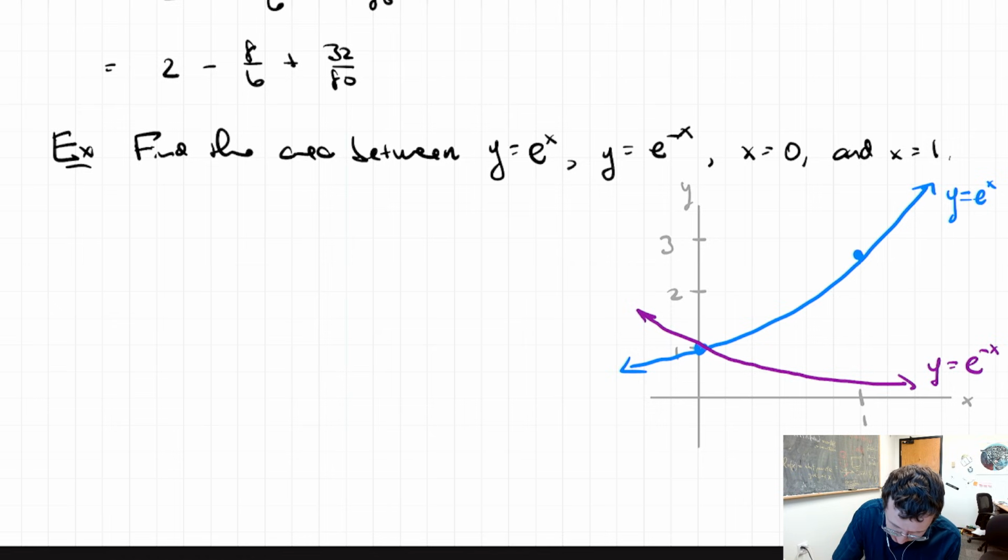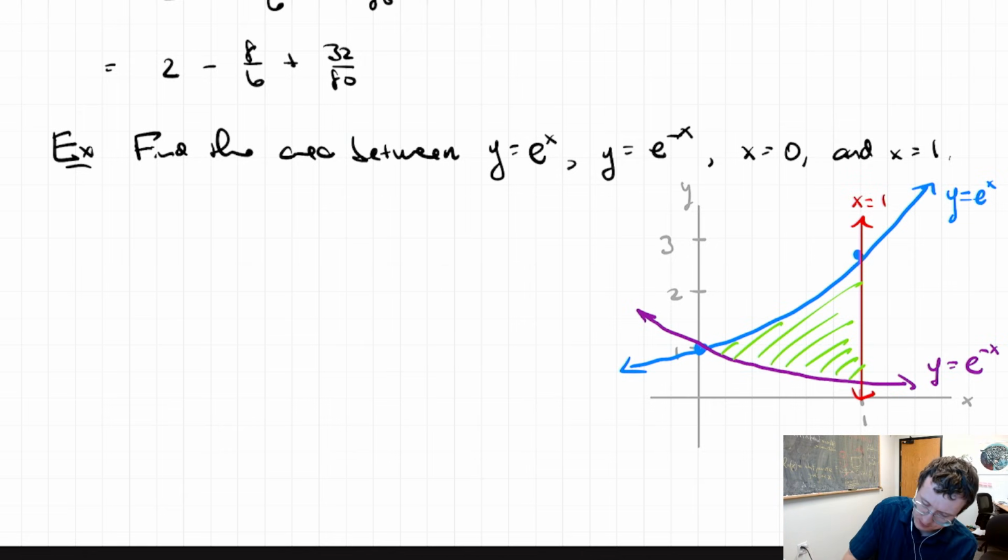And then they also told us to just look at the area between x equals 0 and x equals 1. But this is a pretty straightforward problem.